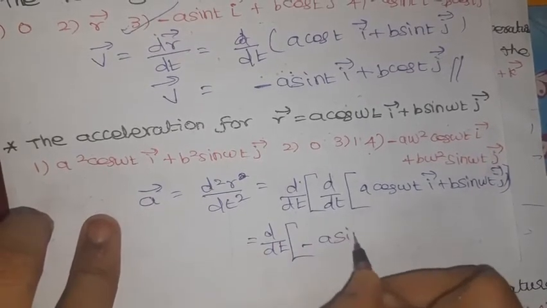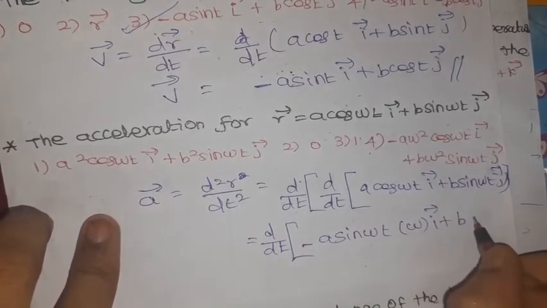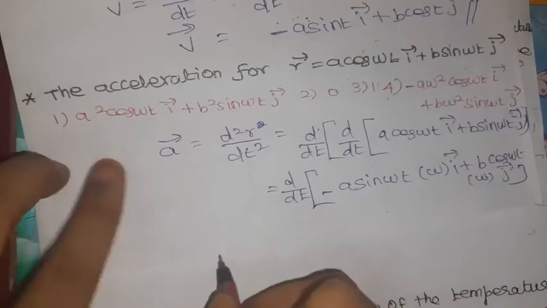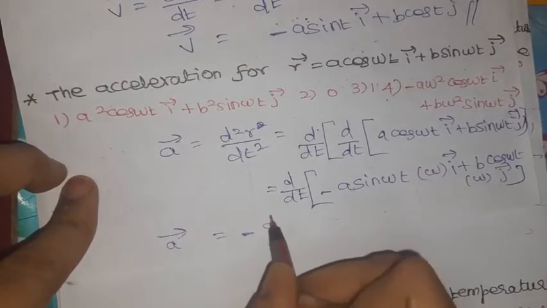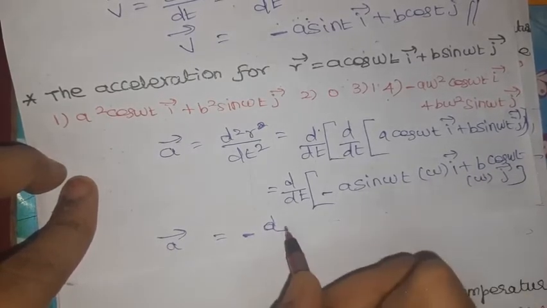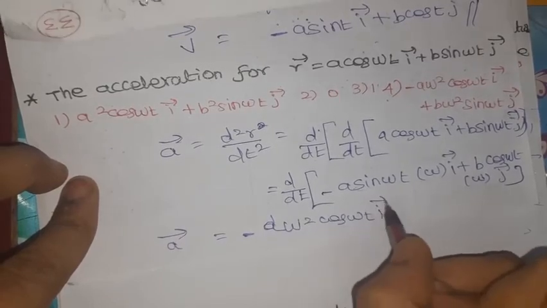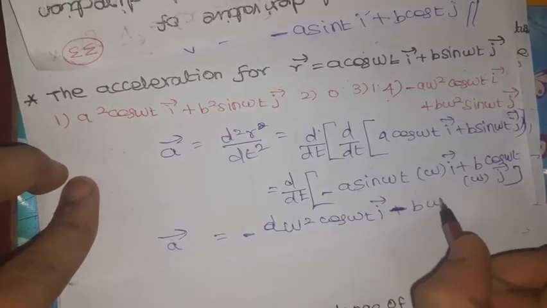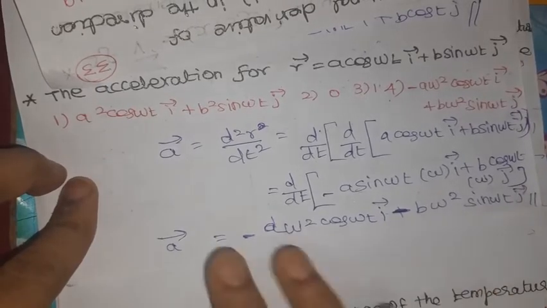Minus a sin omega t into omega i plus b cos omega t into omega j. Then differentiate with respect to t. So minus a cos omega t into omega, already one omega is there, so omega squared cos omega t i vector, plus for b cos omega t, we will get minus b omega squared sin omega t j. So this is the answer, very simple.